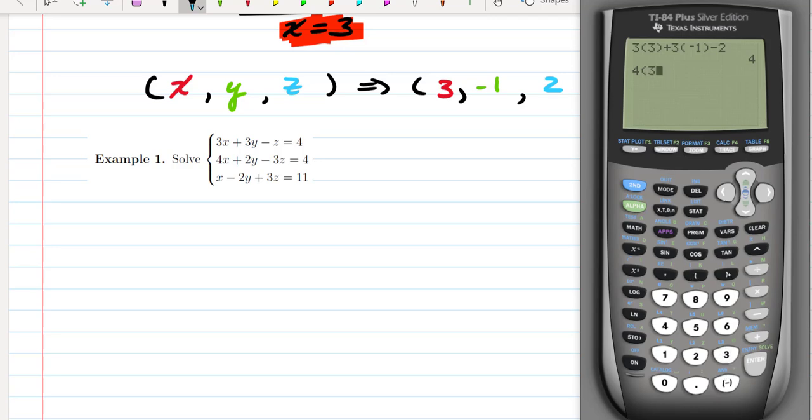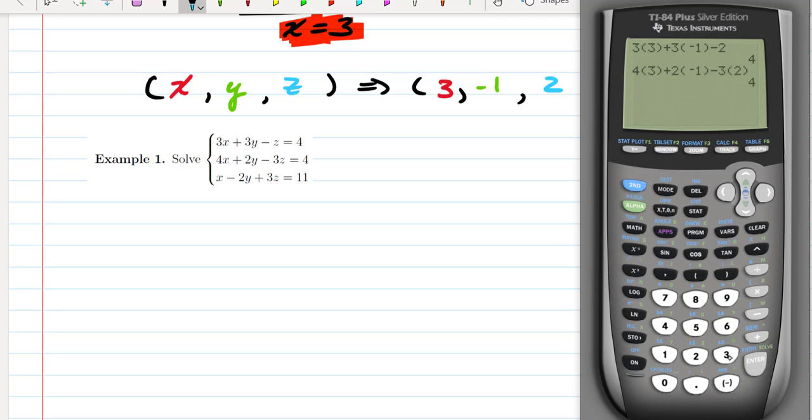4 times 3 plus 2 times negative 1 minus 3 times my z, which is 2. And when I press enter again, I should also get, for equation 2, positive 4 again.